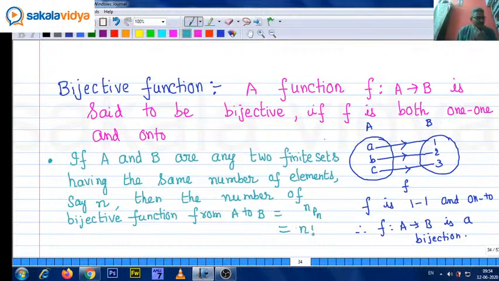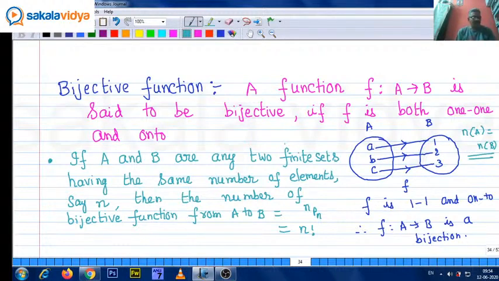Because see, surjection means very simple: range equals codomain, that's all. That's called surjection. Here, n of A equals n of B. Whenever n of A equals n of B, only then a bijective function is defined.